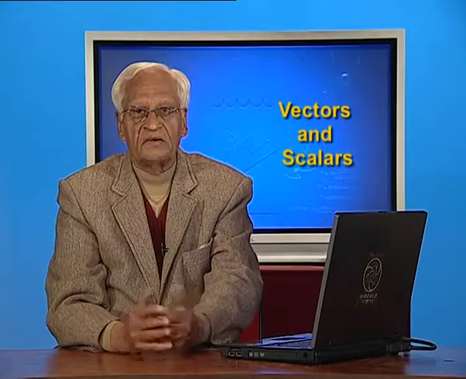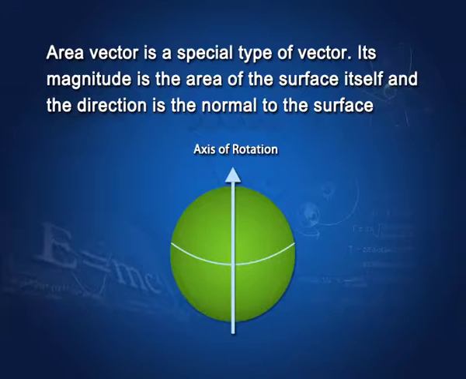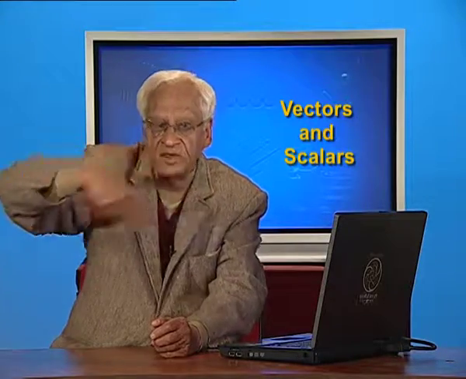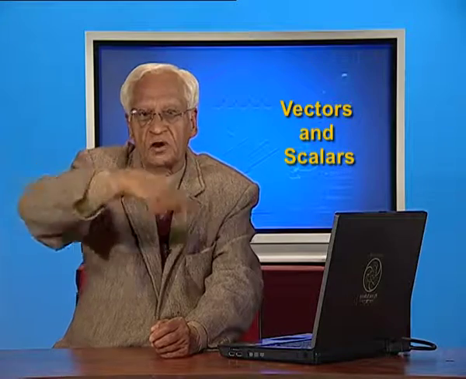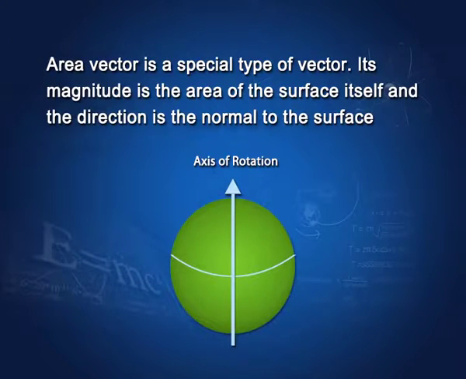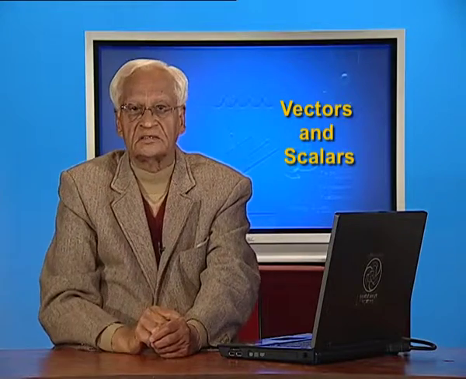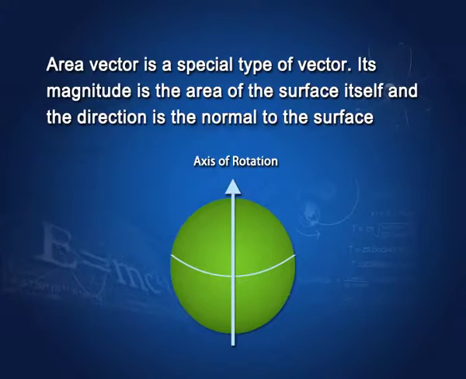Another vector which is slightly peculiar is the angular velocity vector. The magnitude of the angular velocity vector is the rate at which something rotates, and its direction is along the axis about which it rotates. So, it is a special kind of vector, but it is a vector all the same.